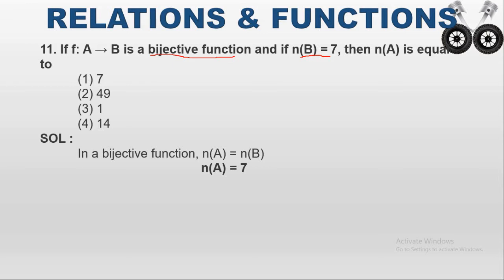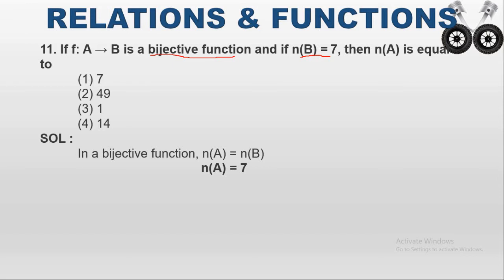But in onto functions, whatever images are present in set B are mapped from pre-images in set A. That means each and every element in A is mapped to every element in B. That is the bijective function.